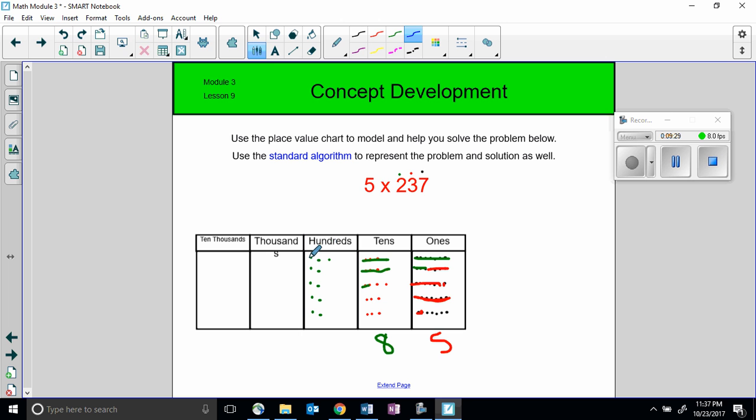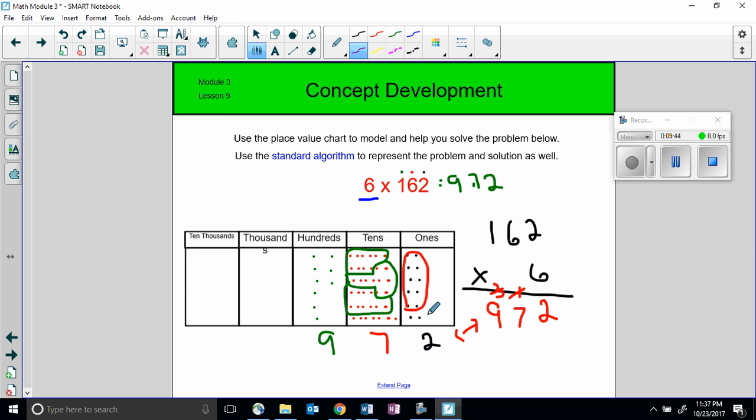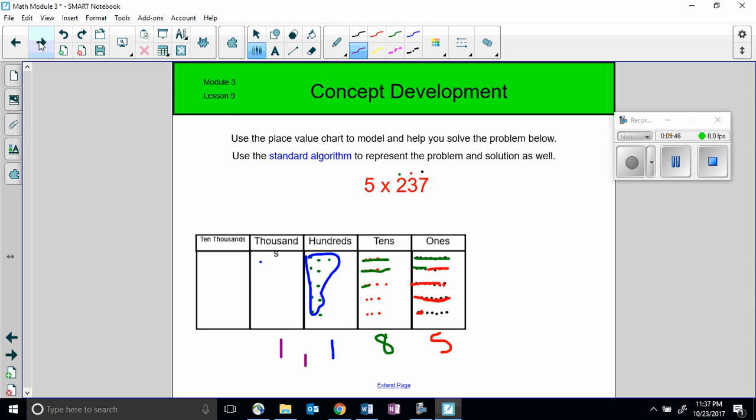So that means I have to move all these to next door, giving me a 1 here and a 1 here, and then we cannot forget our comma. So I've already showed you the traditional math to show me this, and I'll still do that one to prove it, but then I'm going to show you the standard algorithm.